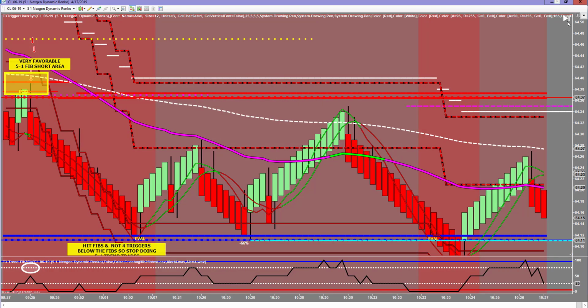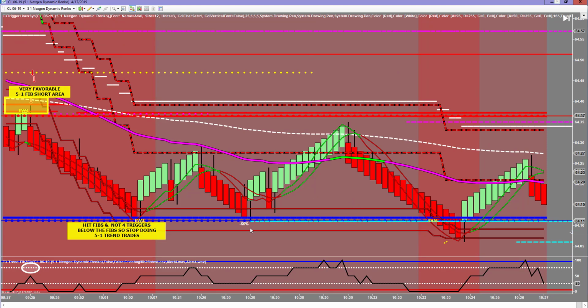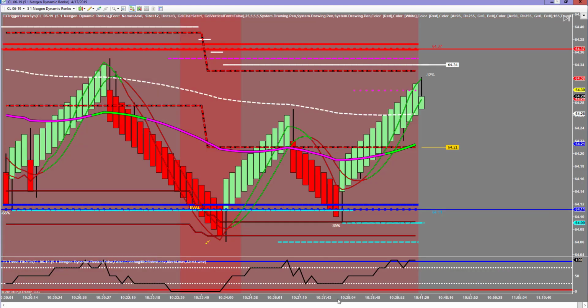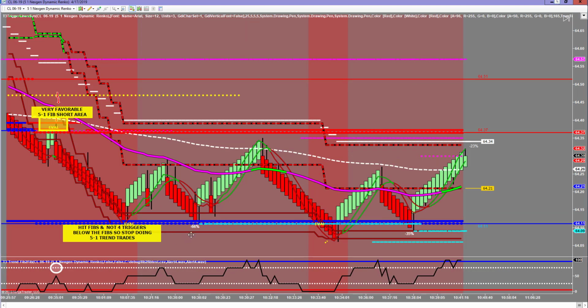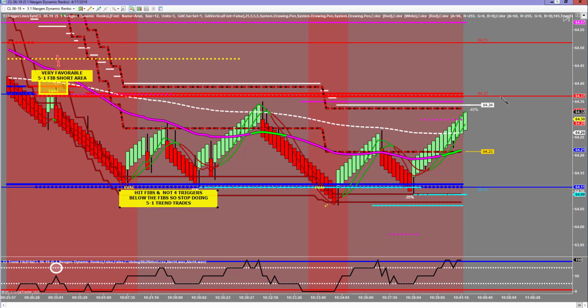And again, I want you guys to see it because this is really, really stereotypical bottom look. And then look, we're going to probably have a stereotypical top look up here too. We'll see.